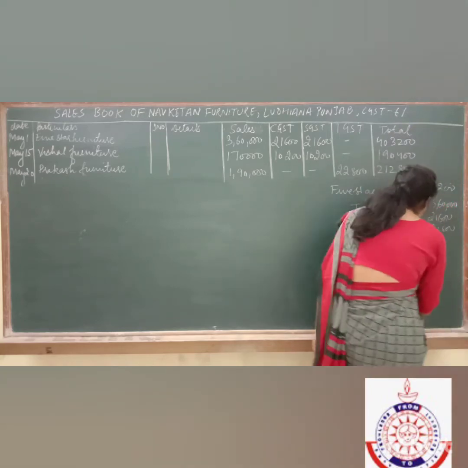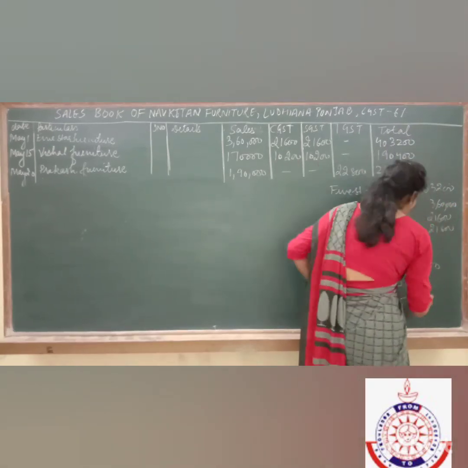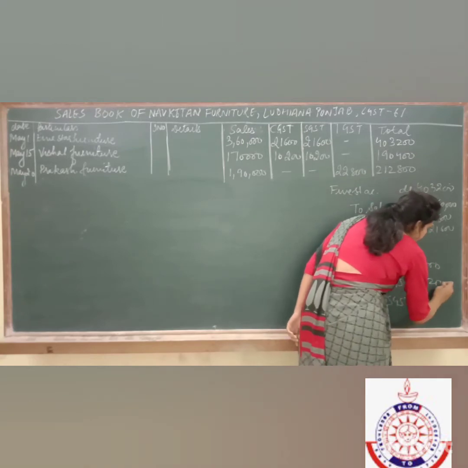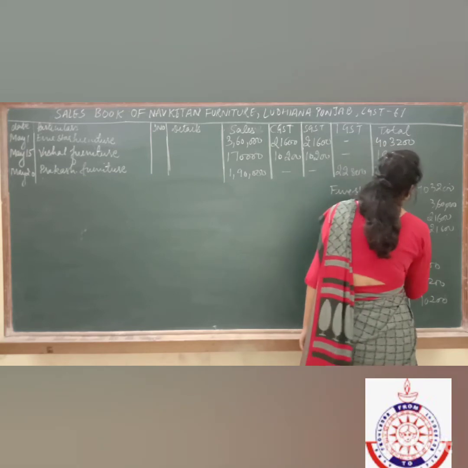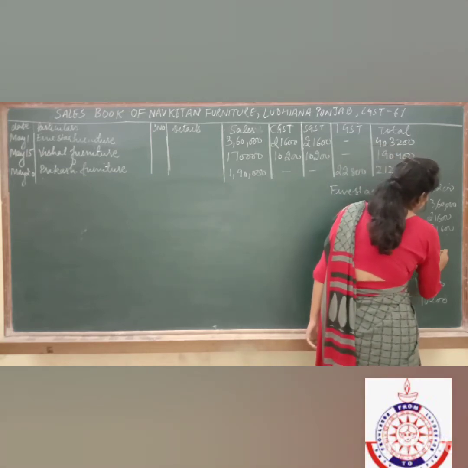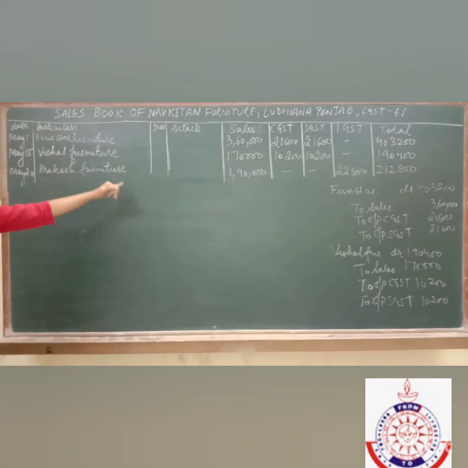Sales 1,70,000, CGST and SGST 10,200, 10,200, and total is 1,90,400.